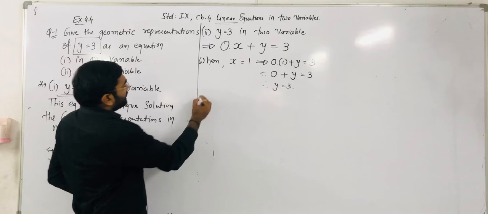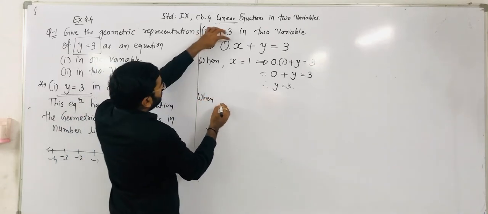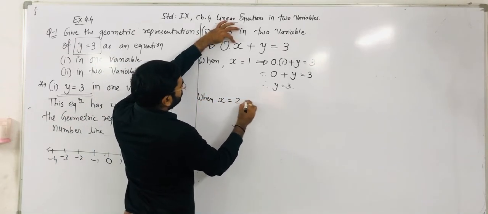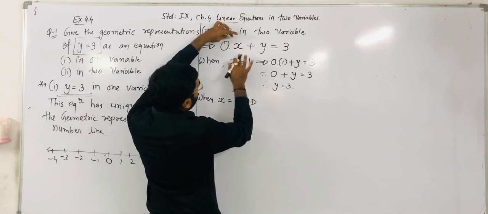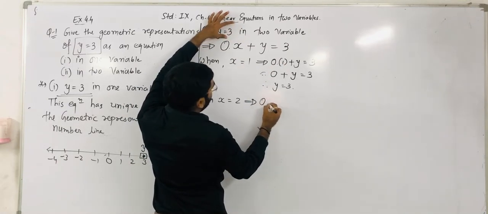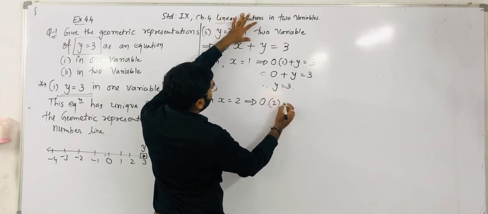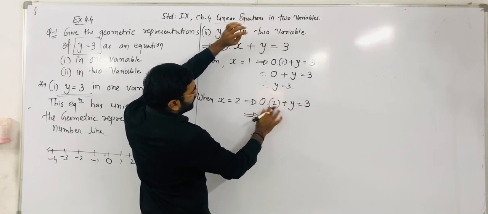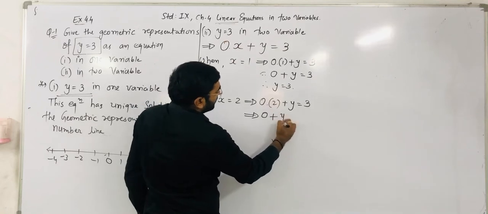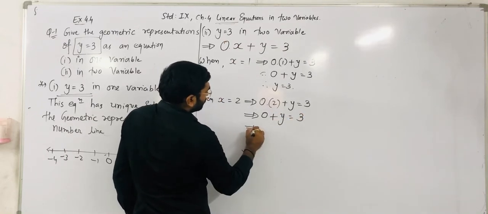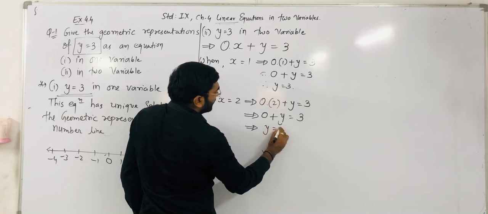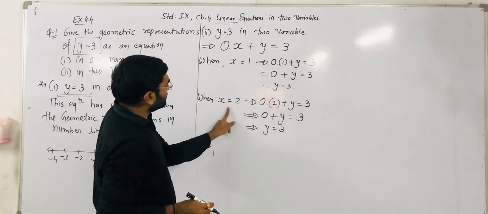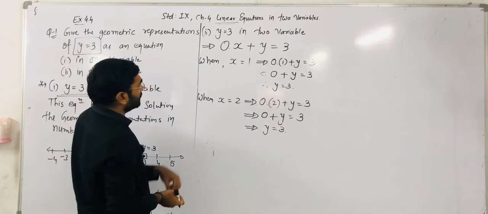When we take another value of x, suppose x is equal to 2, then we put that value in the equation. So 0 into 2, plus y is equal to 3. Any number multiplied by 0 gives 0 only, so 0 plus y means y is equal to 3. So when x is equal to 2, we get y is equal to 3.